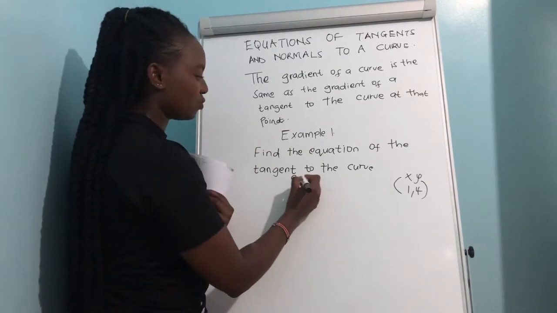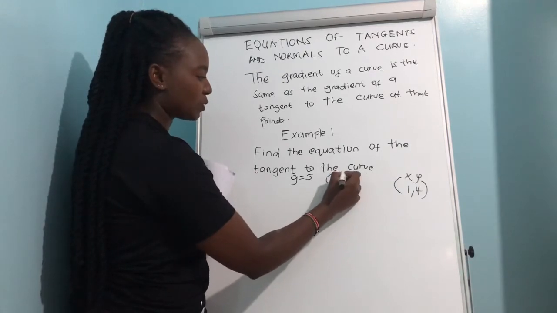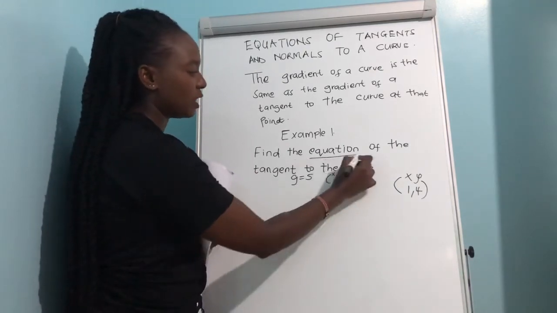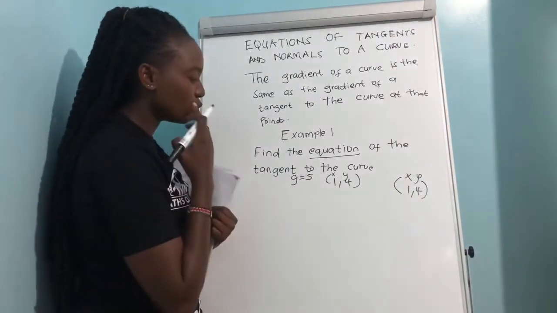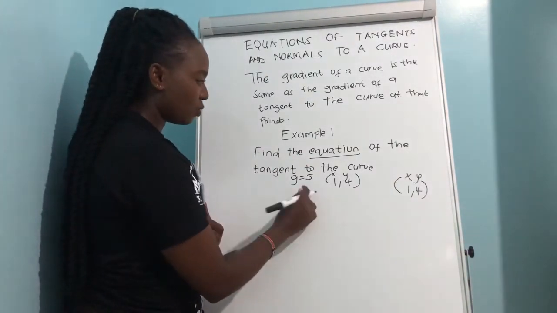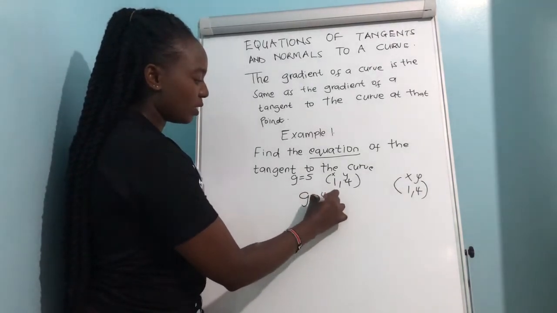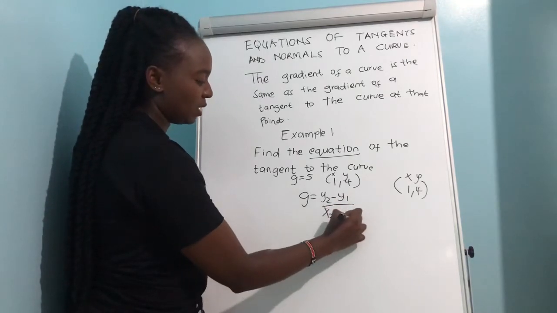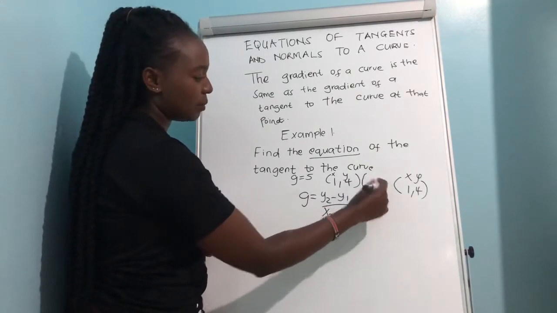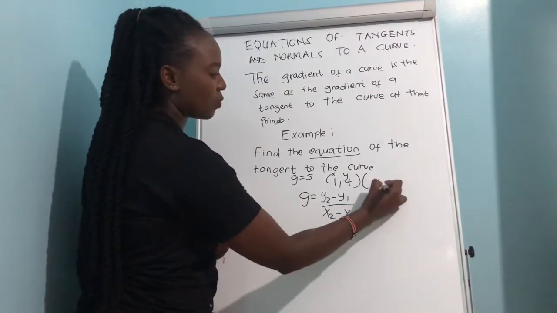Having the gradient to be 5, and the point is 1, 4, x, y, and you've been asked to find the equation. Like how we were doing in gradient, the gradient is equal to y2 minus y1 over x2 minus x1. So we can set another point to be x, y.